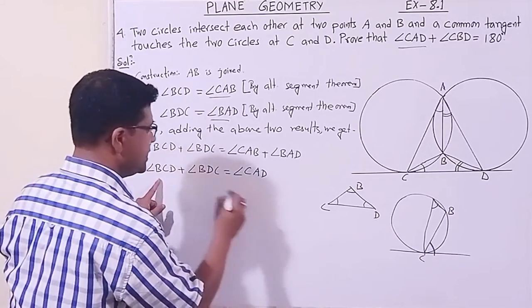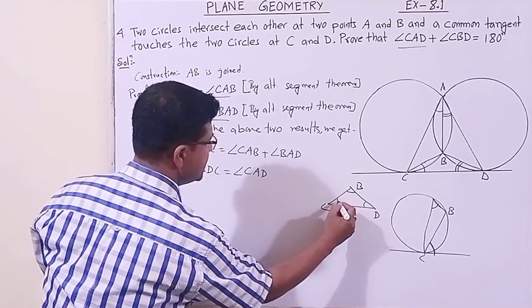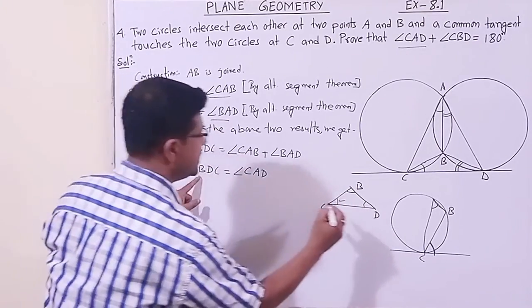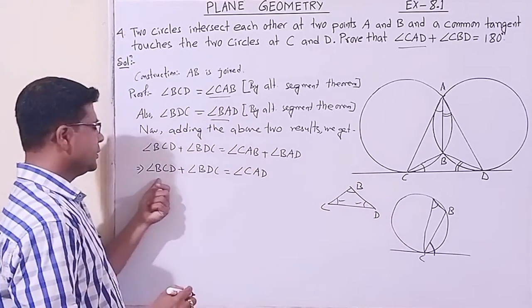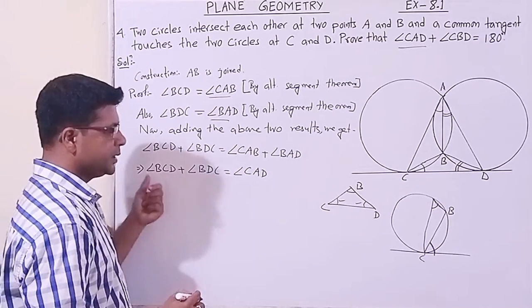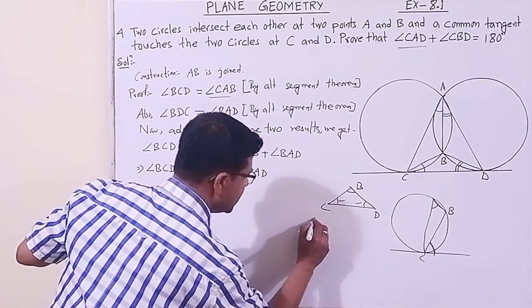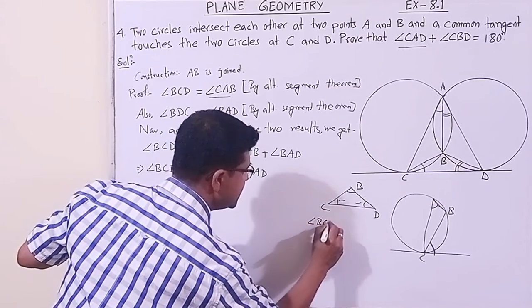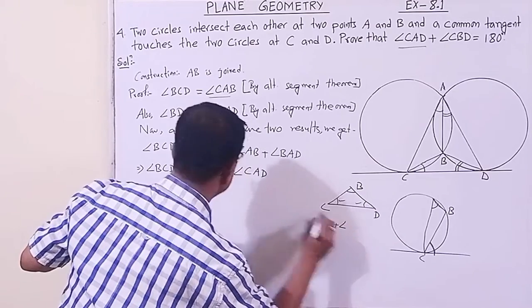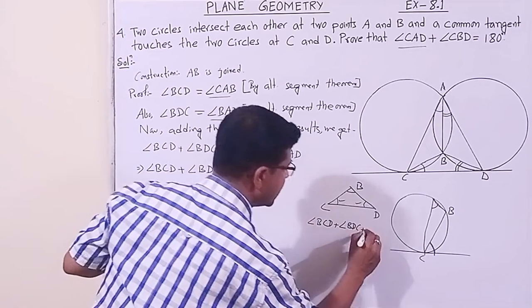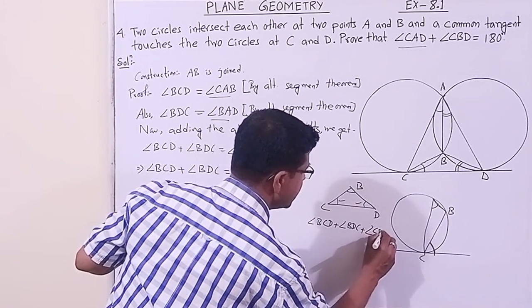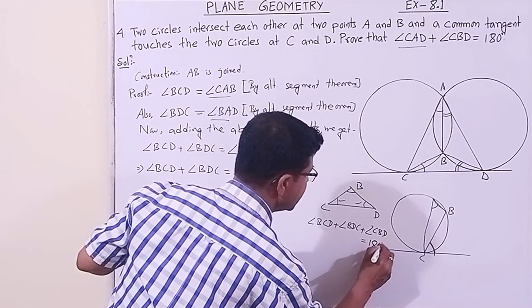Here you see angle BCD, this angle, plus angle BDC, this angle. Here the sum of two angles is given. So if we want to write like this, angle BCD plus angle BDC, plus if we take one more angle CBD, their sum is 180 degree.